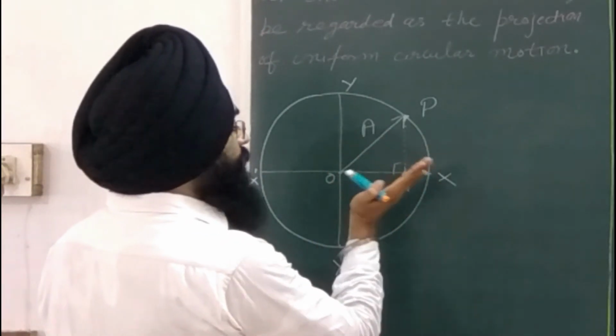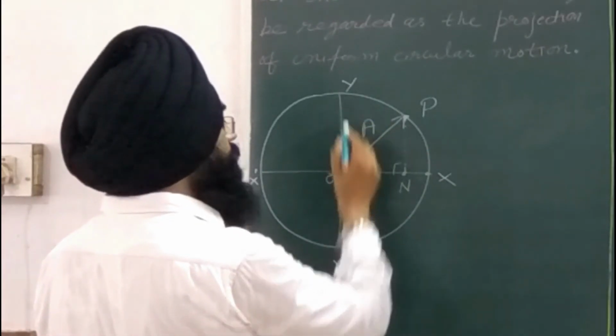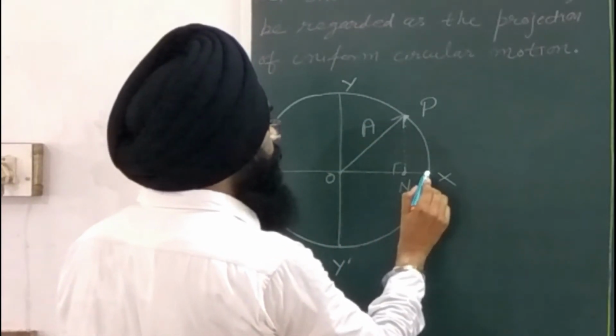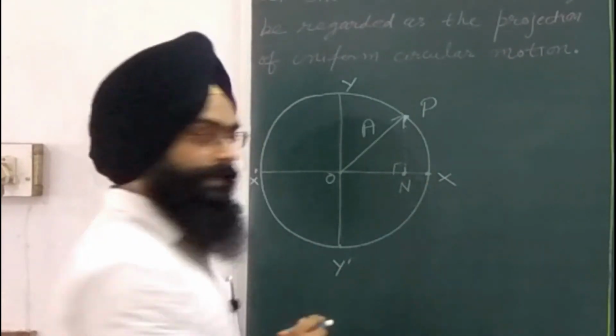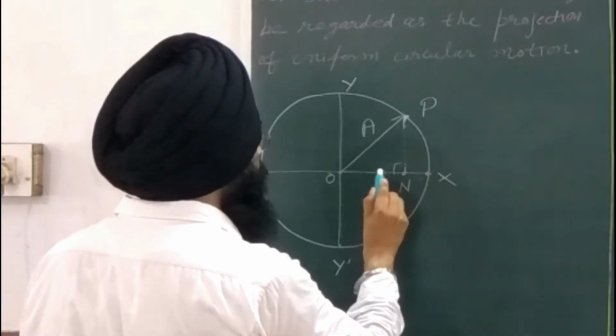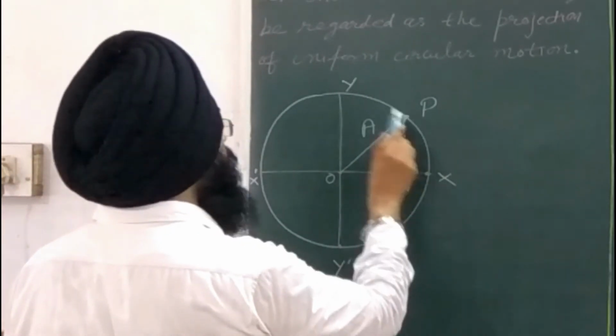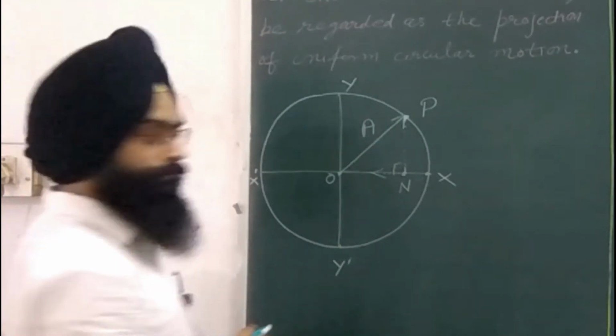We can start from the point x. If the particle starts moving from point x in this direction, the point N will start moving from X position to the point O, slowly and steadily. When the particle reaches the point B, the point N will reach the point O.